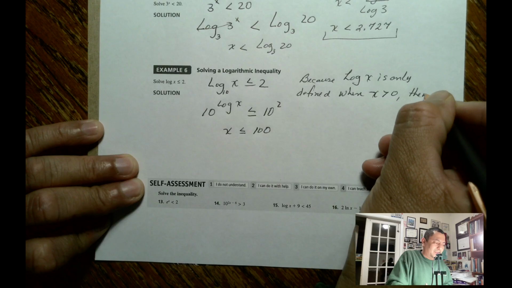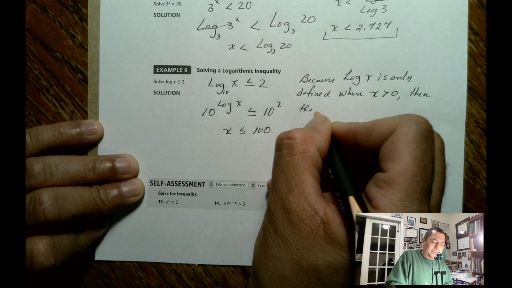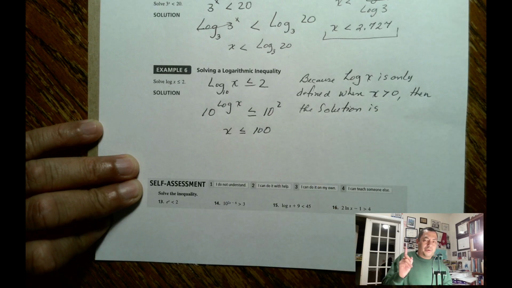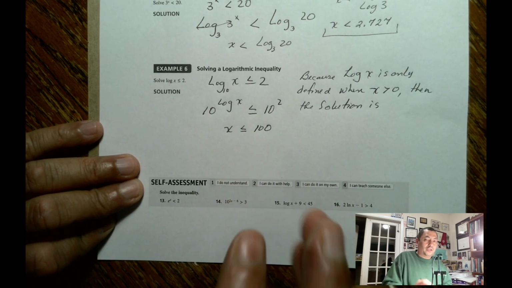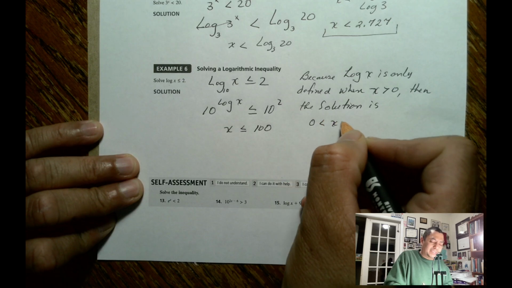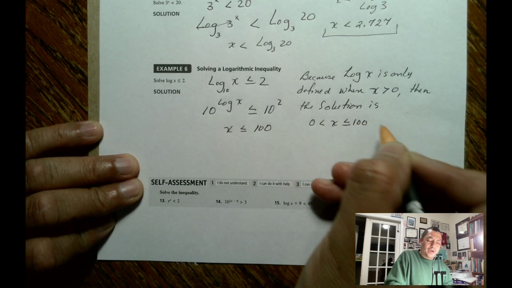Then the solution, now here comes the solution. The 100 is correct, so we have 0 is less than x less than or equal to 100.